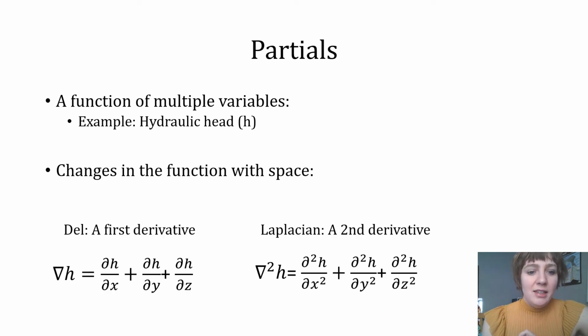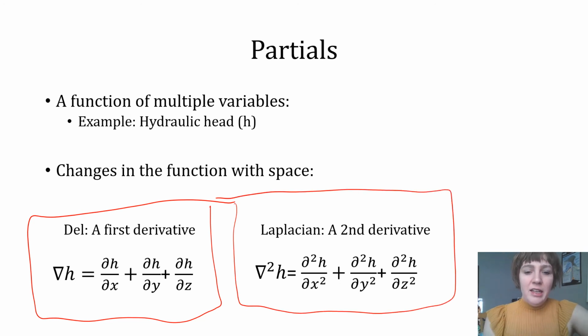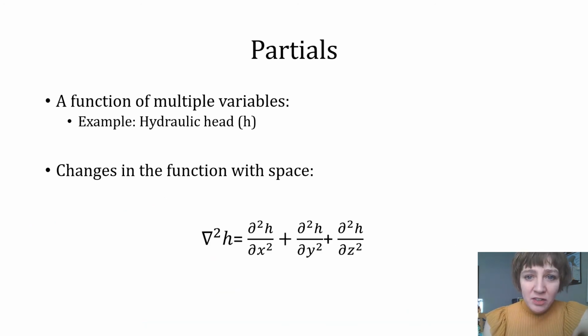While the del operator indicates a rate of change with position, the del squared or Laplacian operator indicates the curvature of that change with space. You will see this nomenclature in the text and should interpret it as the rate of change of the variable under consideration, or more simply, the curviness of the change in the variable.